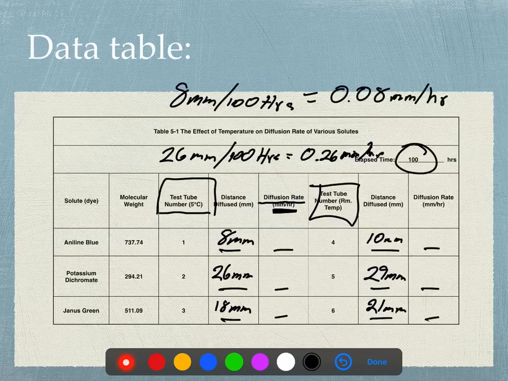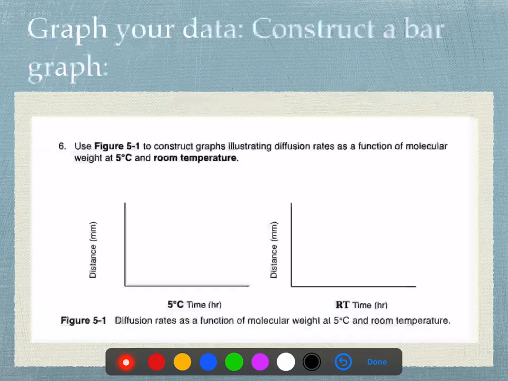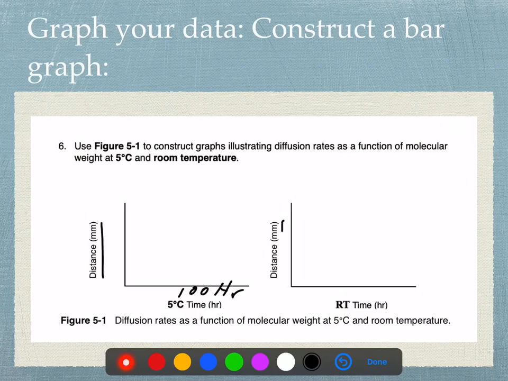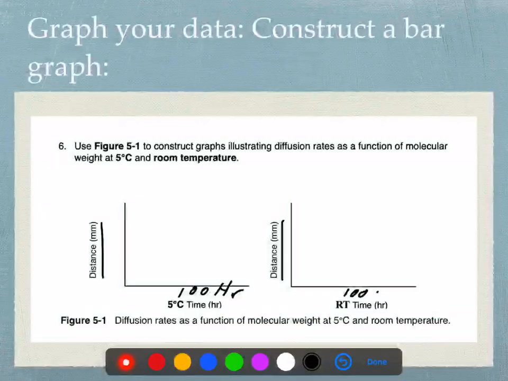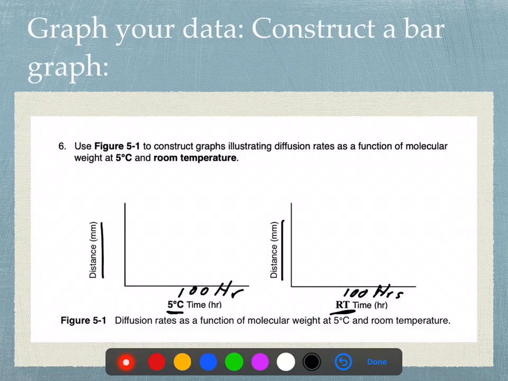I want you to do the math and fill in those cells in your table. Okay, once you've filled in those cells and you have the rate of diffusion, then I want you to graph it, right? So you're going to graph the distance traveled in those 100 hours, and the distance in 100 hours also for room temperature. So you'll do 5 degrees and you'll do room temperature. These are going to be bar graphs, okay? They're not line graphs.